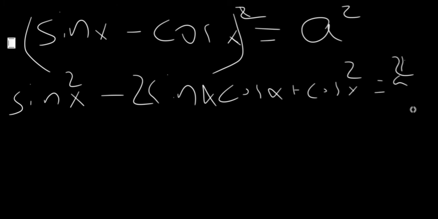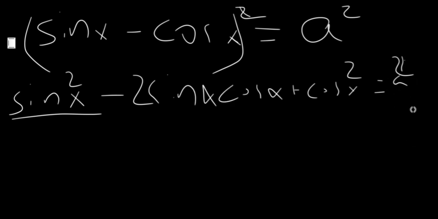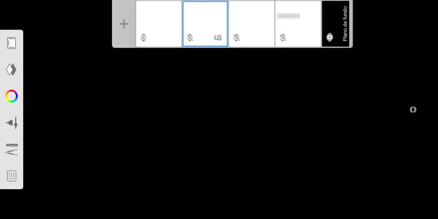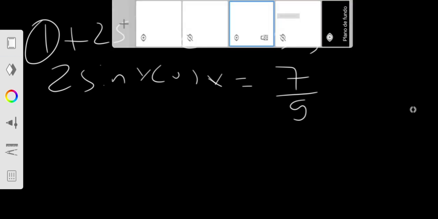Remember, a is what we need to find. Again, sine of x squared plus cosine of x squared is equal to 1, right? The fundamental identity of trigonometry. So 1 minus 2 sine of x cosine of x is equal to a squared. Look over here, 2 sine of x multiplied by cosine of x is 7 divided by 9.